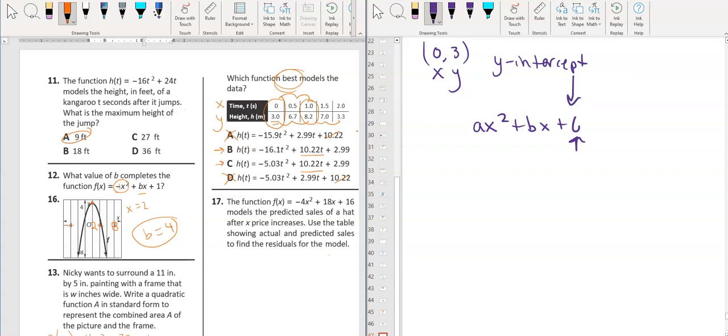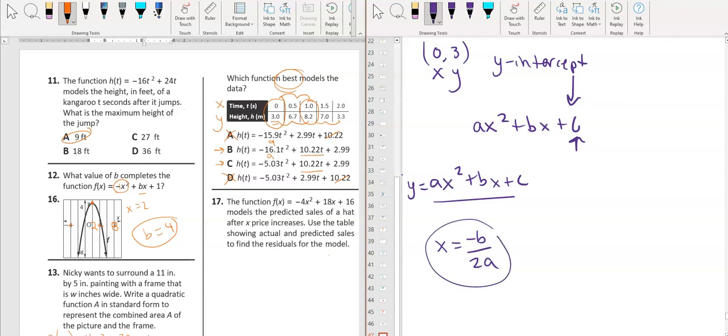I can use that information to solve my problem. I also know that what I'm missing is A. So there's two different things I could do. I can plug this information into an equation using x and y values from my table to solve. I could also plug it into this equation here, because I'm trying to find A. So I'm going to probably do this one down here. I think it'll be faster, but you could do either equation.